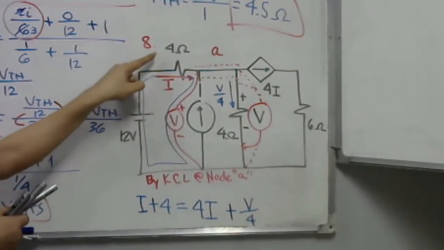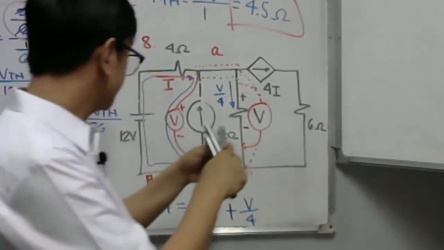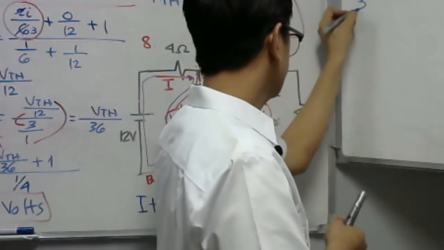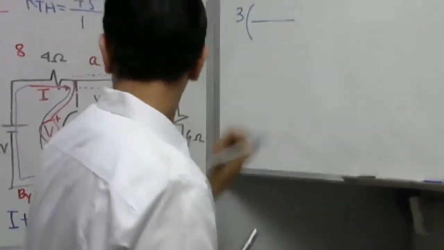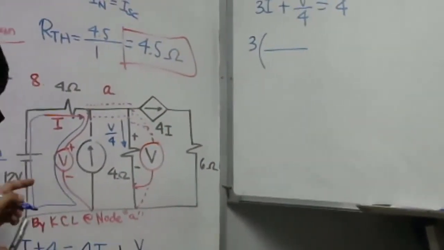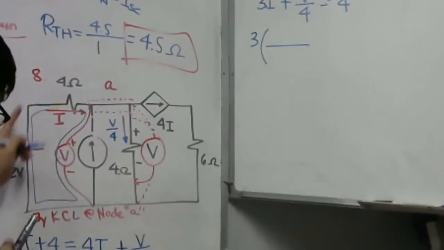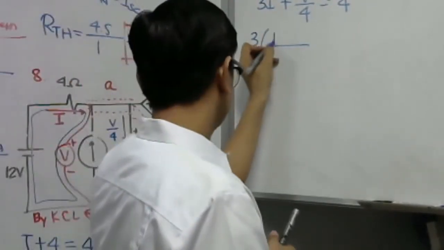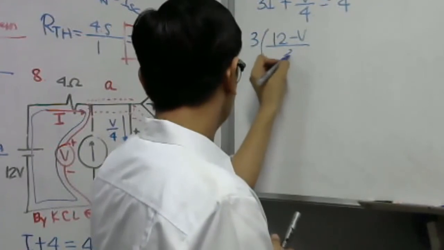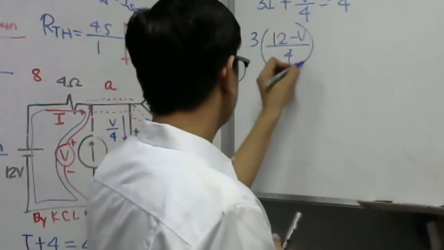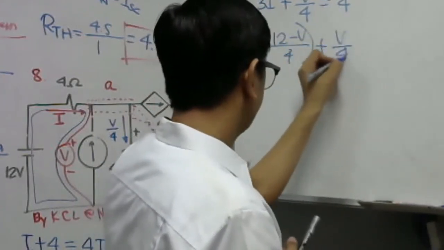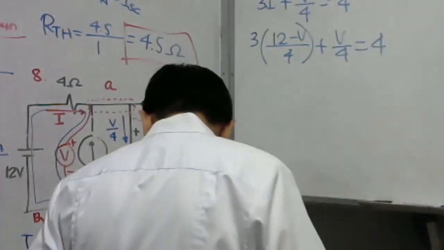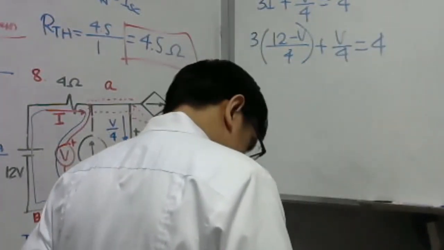So I will substitute it here directly: 12 minus V all over 4. I will just simplify this further. Let us make use of our calculator.